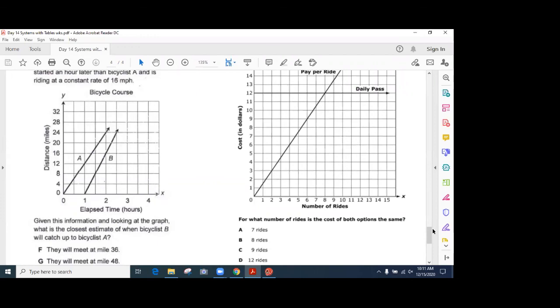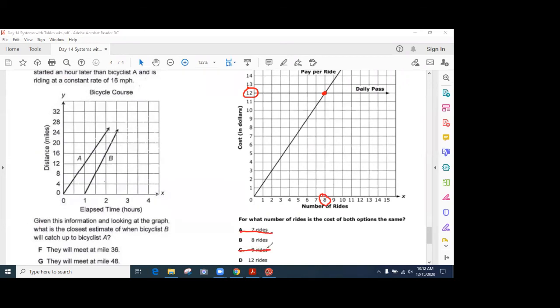Please, please, please watch this, because this should be easy. This has to be the answer every single time they give you two lines that intersect. So the answer is either going to be 12 or 8. Now, most kids can narrow it down to these two, but they don't know which one.